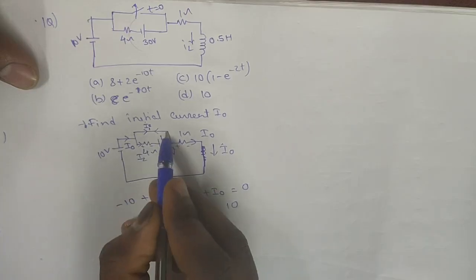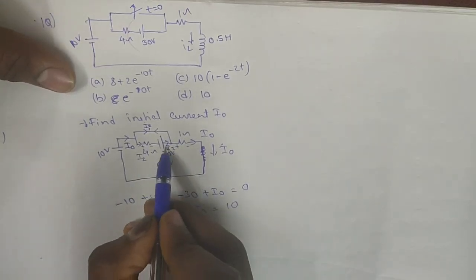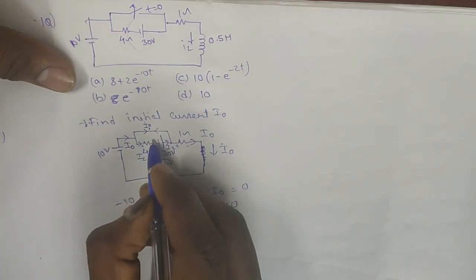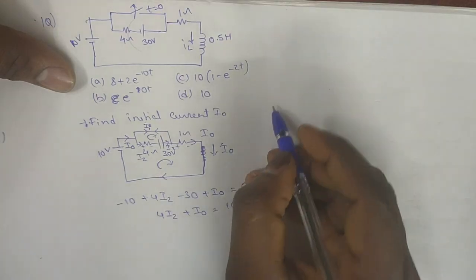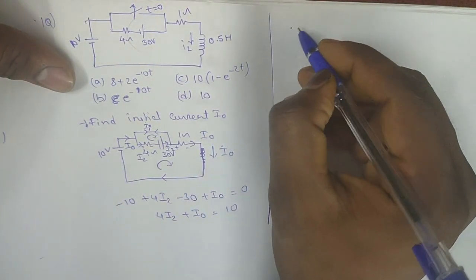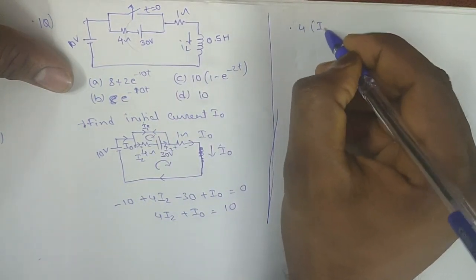So from this short circuit path, if you apply KVL across this loop, starting from this point, 4 I2.